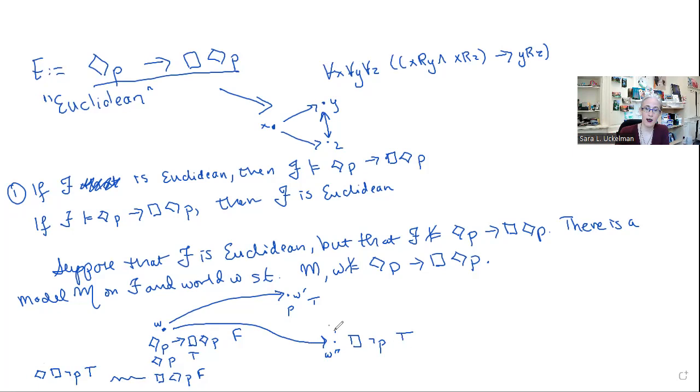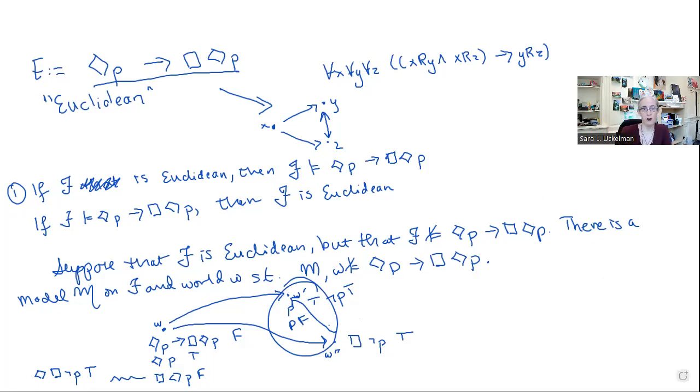But as soon as W2 prime sees W prime, the fact that not P is necessary here means that not P has to be true over here, which means P has to be false. And there is our contradiction, because then P has to be both true and false at W prime. Therefore, if you have a Euclidean frame, you cannot falsify the E axiom.